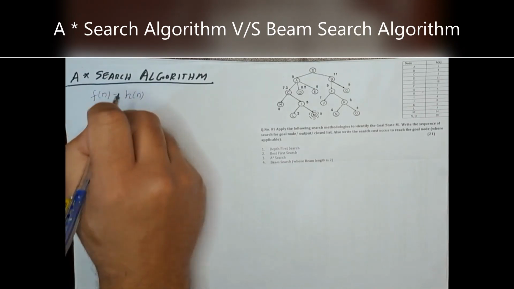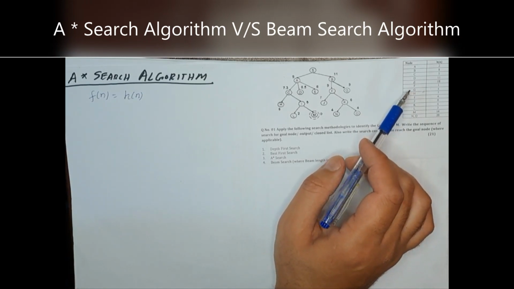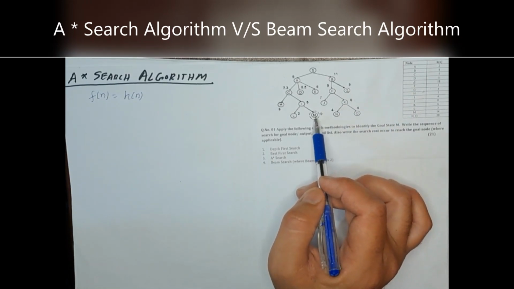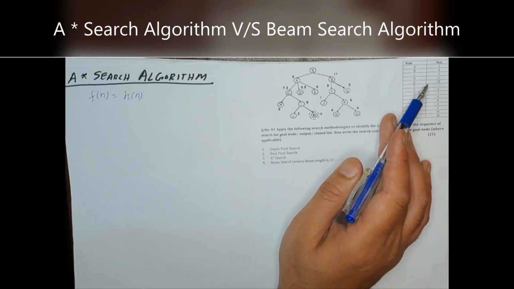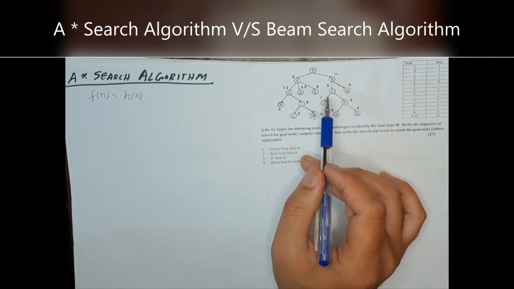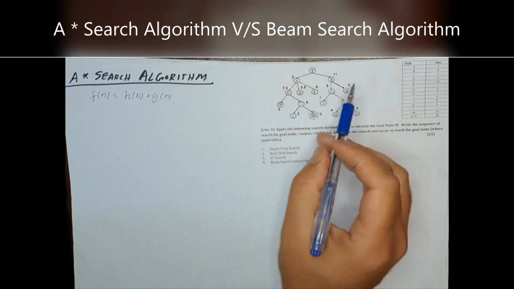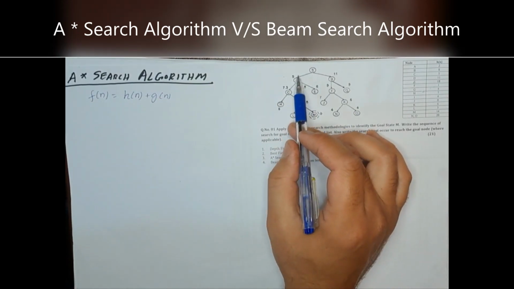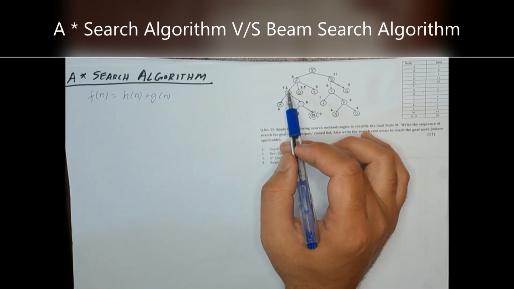H of n is the heuristic value that represents the cost of a node from the goal node. It means approximately this amount of cost we need from a node to reach our goal node, whereas g of n is the value of the path that we have traversed so far to reach a particular node.